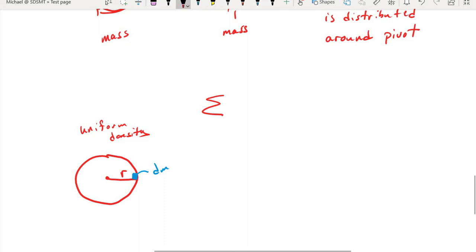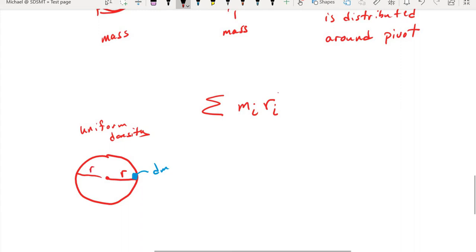In terms of the summation, we would need to take each individual mass times its individual location, and we want to make sure that we're not including any minus signs anywhere.